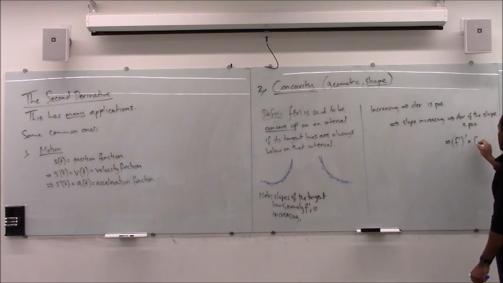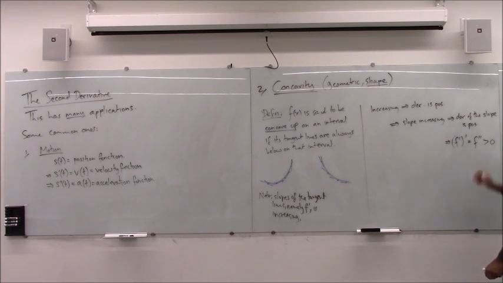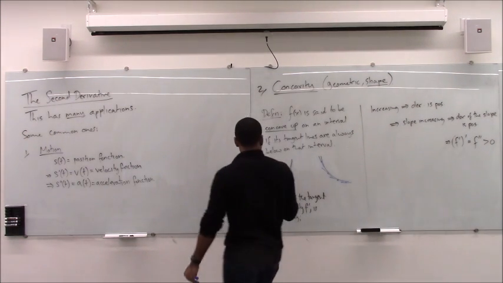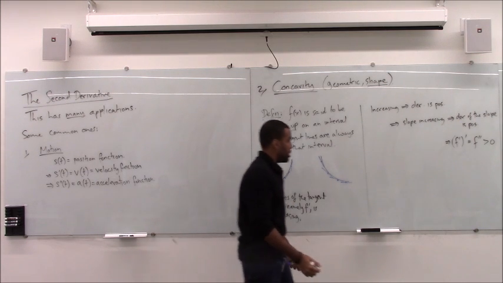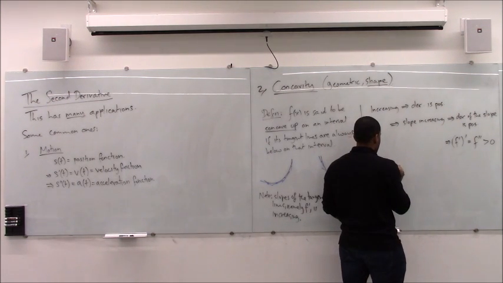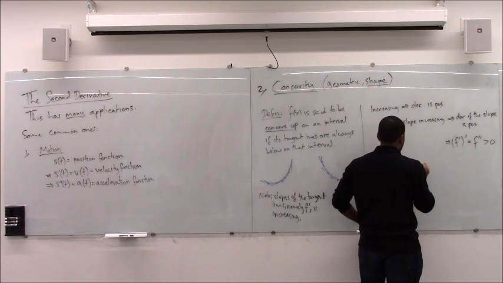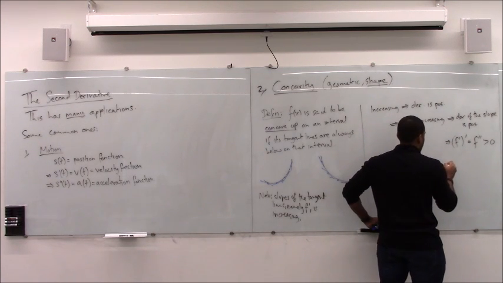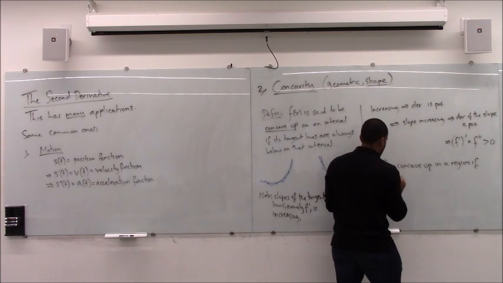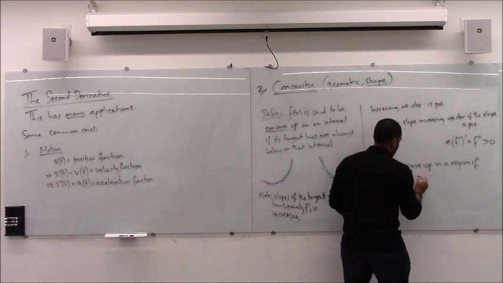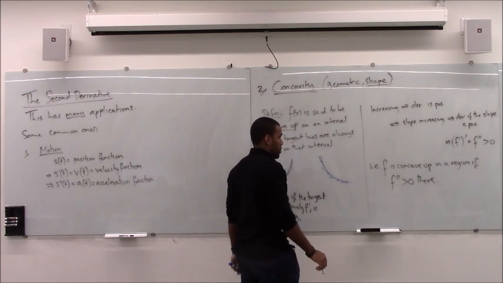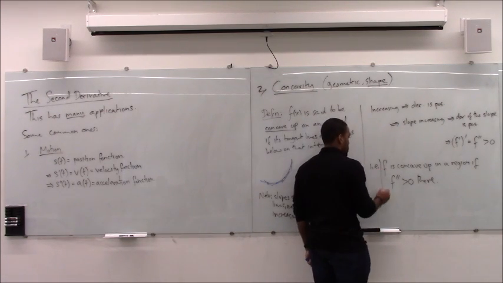This gives you the second derivative is positive. And therefore, you can actually define this kind of shape based on an inequality of the derivative, i.e. f is concave up in a region if its second derivative is positive there. That's like a definition you should know.